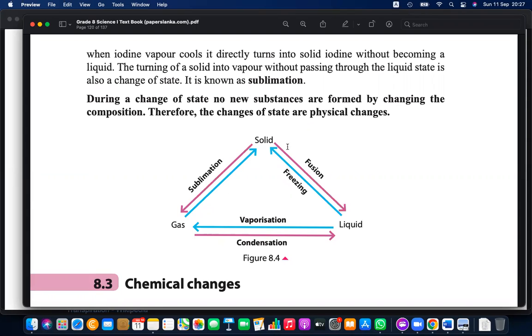Then gas to solid conversion, what is that? There's a name given for gas to solid conversion. Can gas become solid quickly? Gas can be solidified, right? So what is it called? The name is deposition. Okay, you can see here.